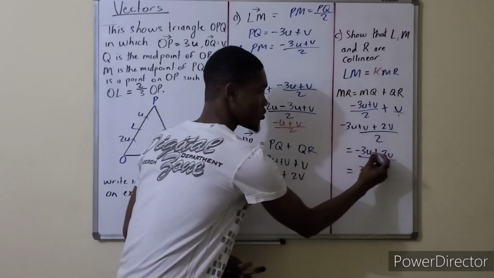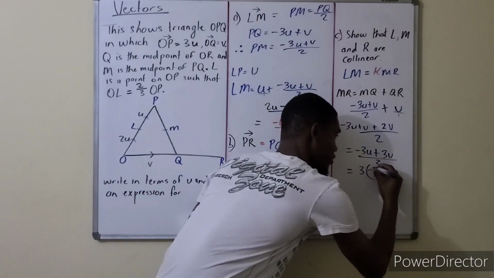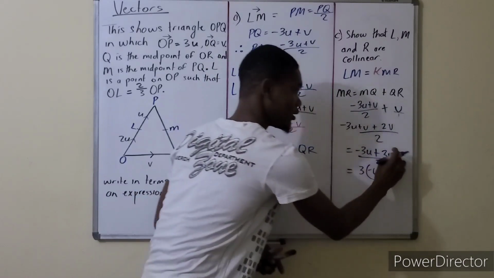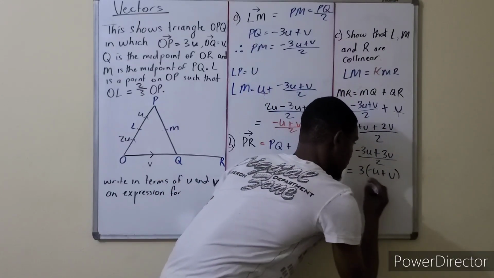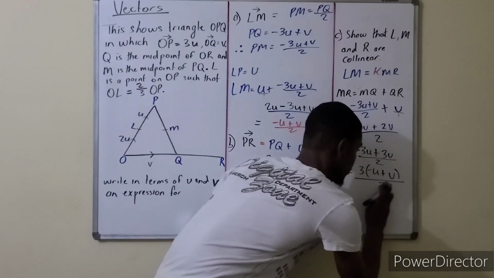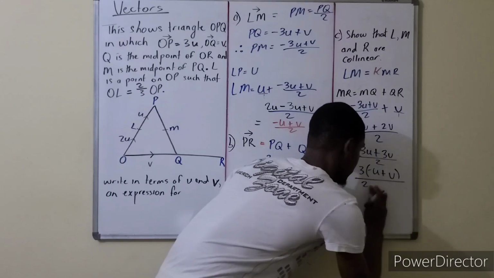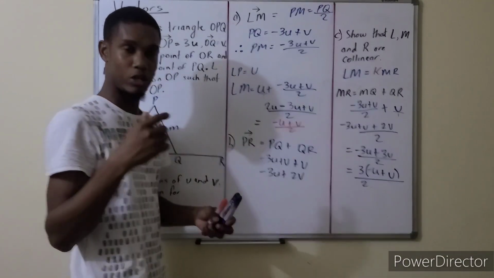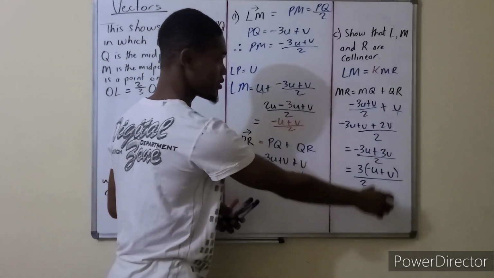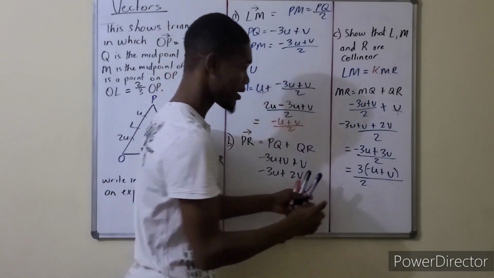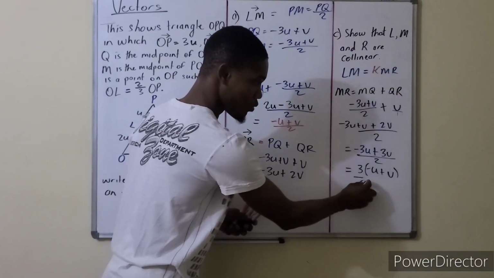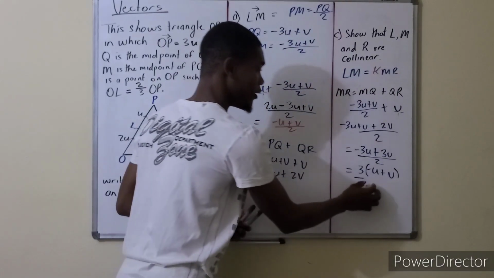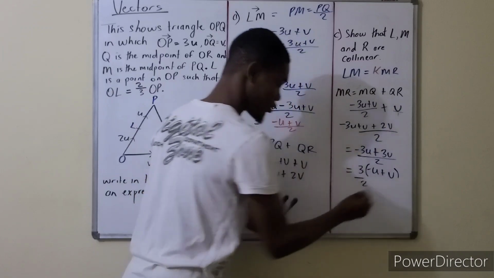This leaves us with negative U plus, taking off the 3, leaves you with V, all over 2. Now this is what MR is. MR is basically 3 over 2, or 3 halves, of negative U plus V.